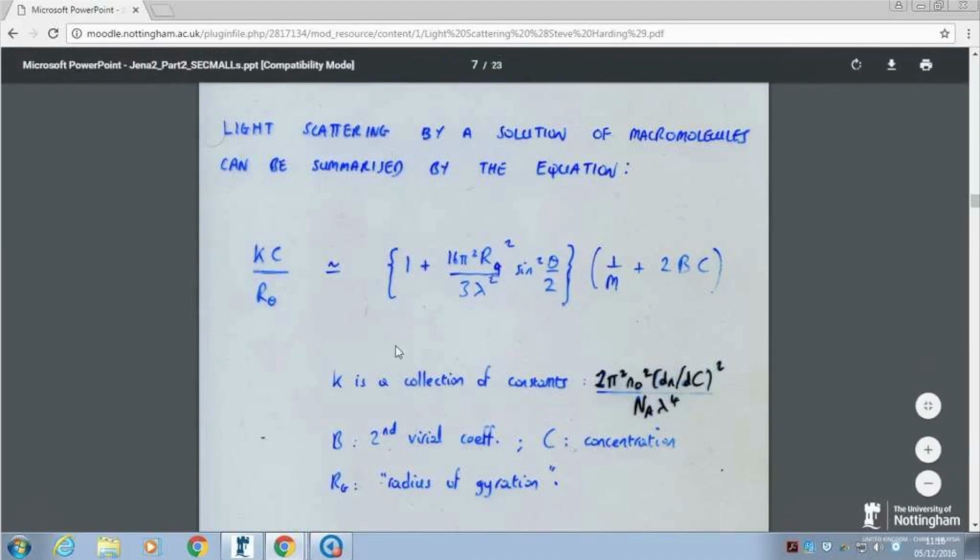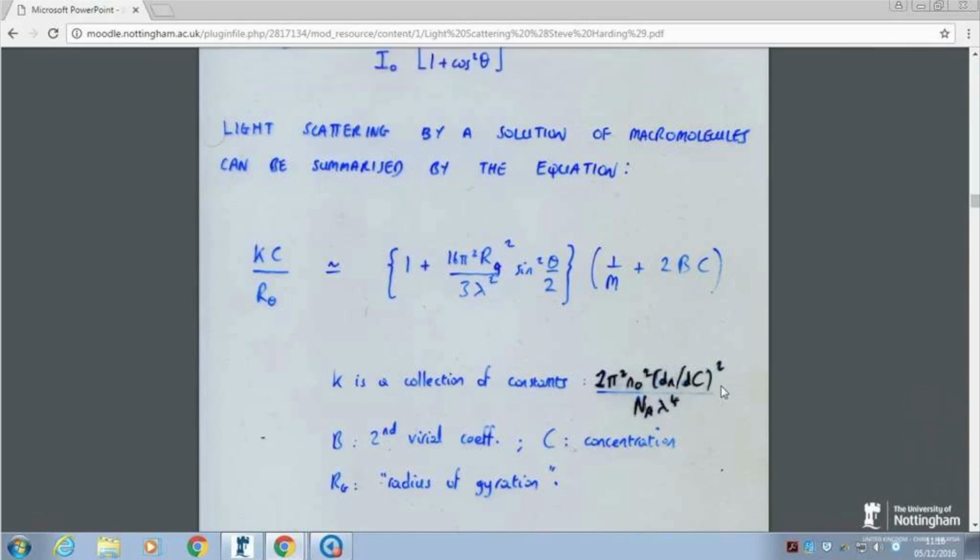K is just this collection of constants here: Avogadro's number, wavelength, the refractive index of the solvent, and dn/dc, which is the same as, remember that parameter R we had when using refractive index to measure concentration?